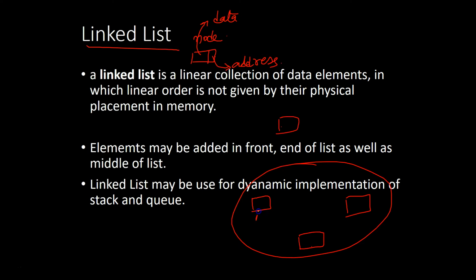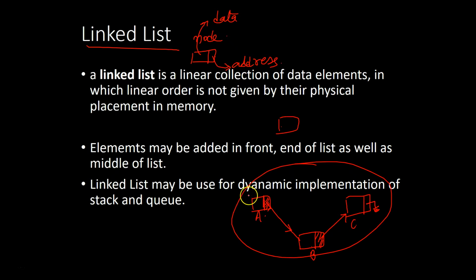Now node A can keep track of node B, because it contains a data part and an address part. In the address part, it stores the address of node B, and B can store the address of node C. Let us say C doesn't keep any address, so it stores null in its address part.